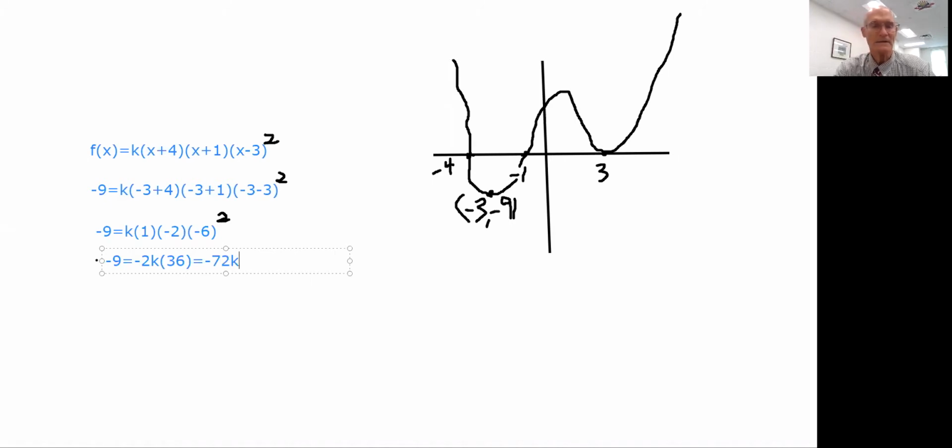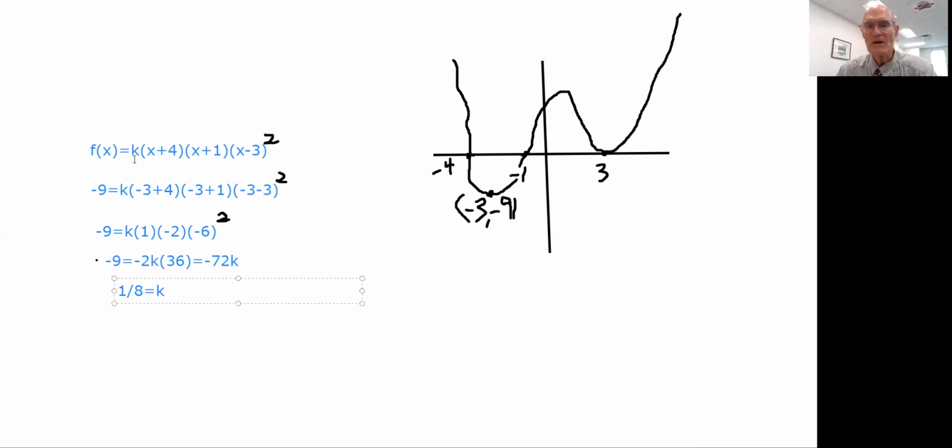That gives me -72k on the right. To get my answer for k, I divide both sides of the equation by -72. So I would get 1 divided by 8, because 9 times 8 is 72. So 1/8 equals k.